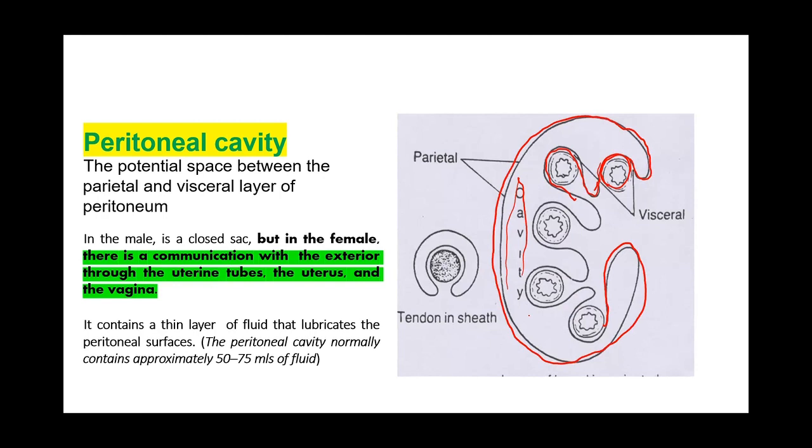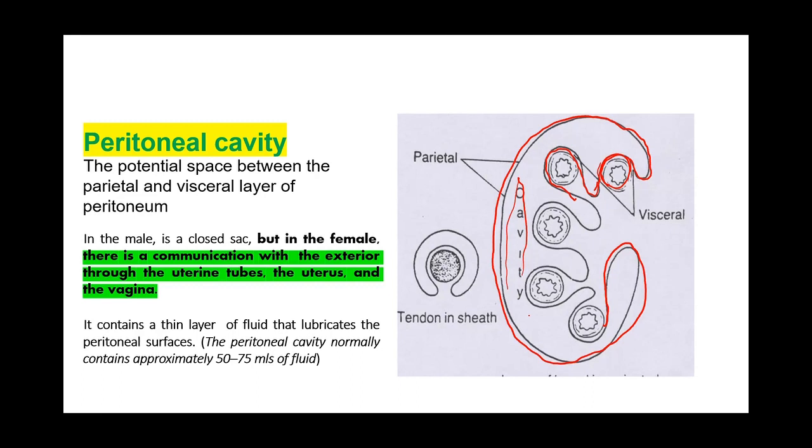In the male, it is a closed sac, but in females, there is a communication with the exterior through the uterine tube, the uterus and the vagina.